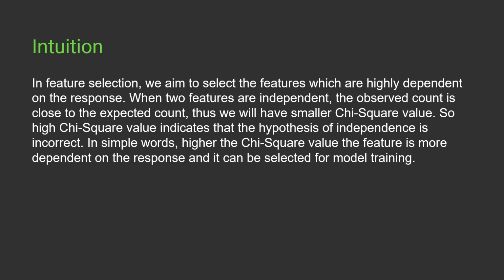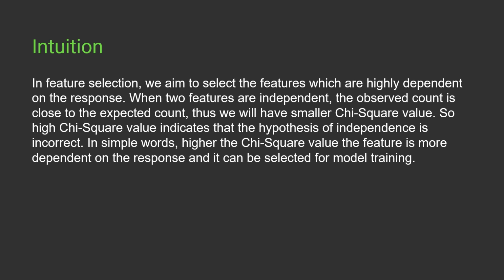The more variant a feature is with respect to the outcome, the more the chance that that particular feature will tell us about the outcome. If the feature and the outcome are not very variant, then the observed count will be equal or close to the expected count, and in that case we will have a small chi-square value.